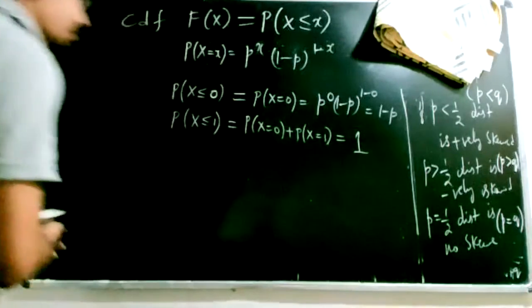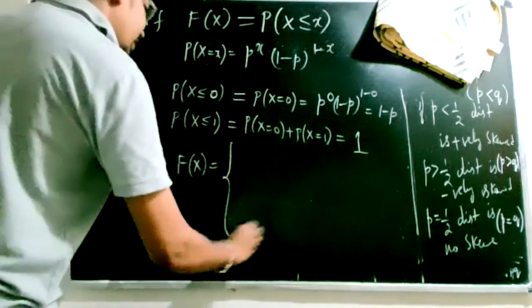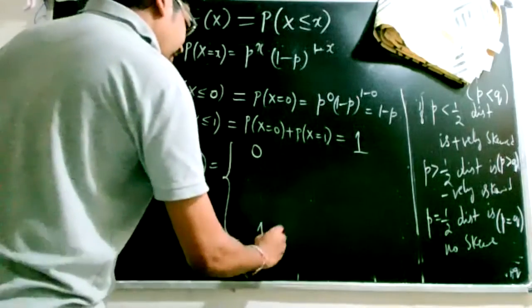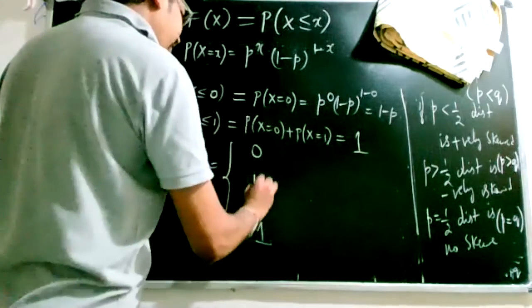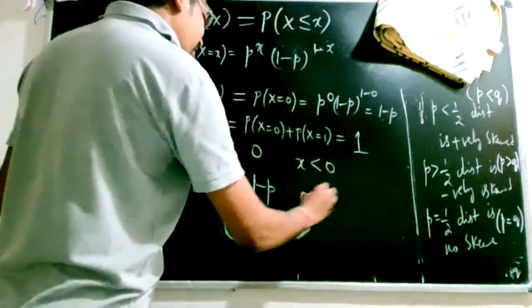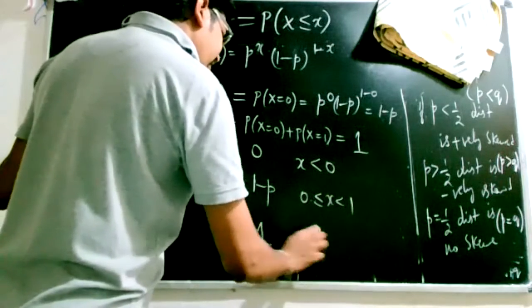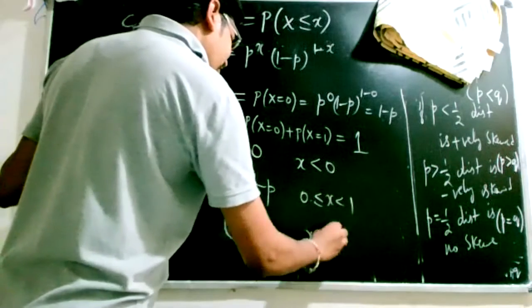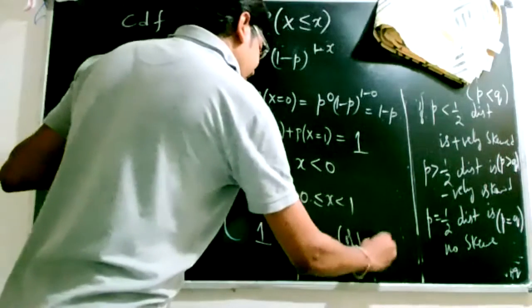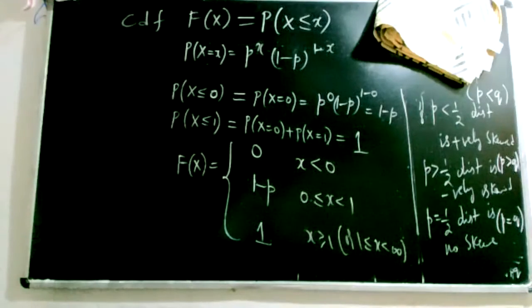So you have the distribution function for the Bernoulli variable as 0 for x less than 0, and in between you have 1 minus p for x equal to 0 and between 0 and 1, and for any x greater than or equal to 1, or you could say 1 less than x less than infinity, you will have F of x as 1.